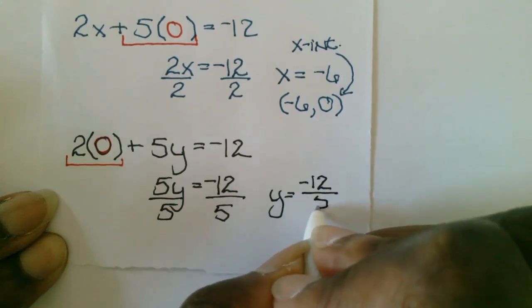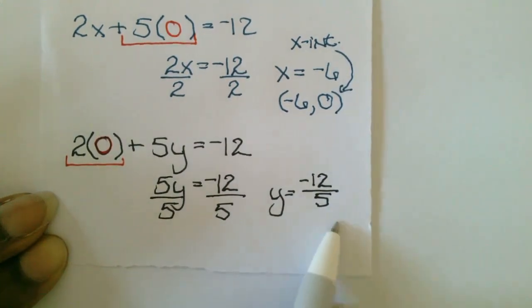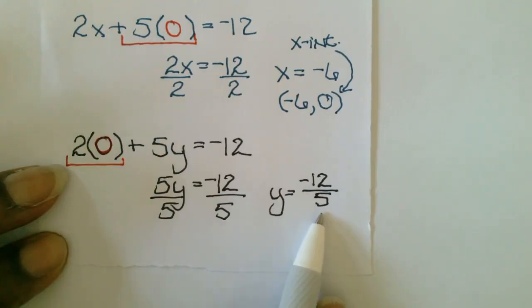-12/5. The reason why I'm keeping it as a fraction is that's when you're going to have to look at your answer key. So if you're doing the GED, the ASVAB, the Accuplacer, the TEAS test, the HESI test, here's my thing, every state does it differently. I had to do some more research because now some states are allowing you to use a calculator for the Accuplacer. Maryland, nope.